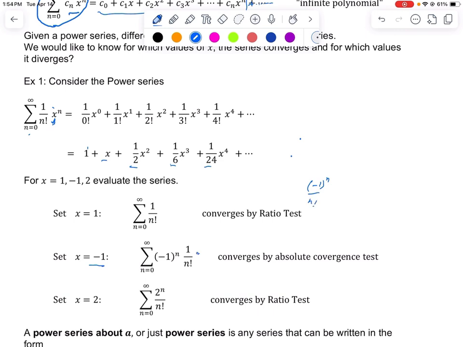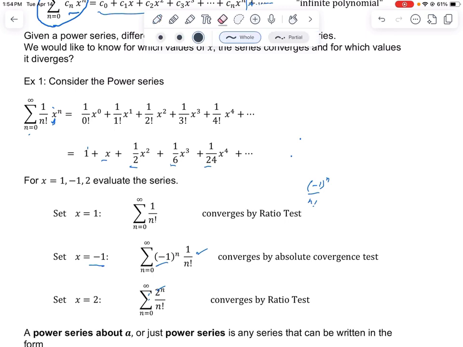That's what we have here. And if I plug in x equal to 2, I'll get summation of 2 to the n over n factorial. We can now check the convergence of these series by the rules we have learned.